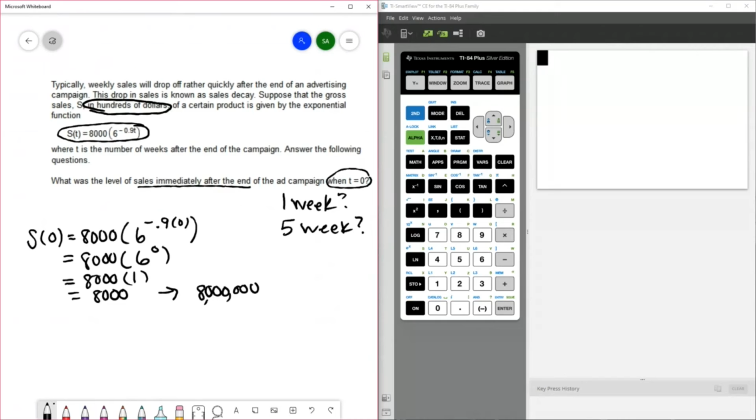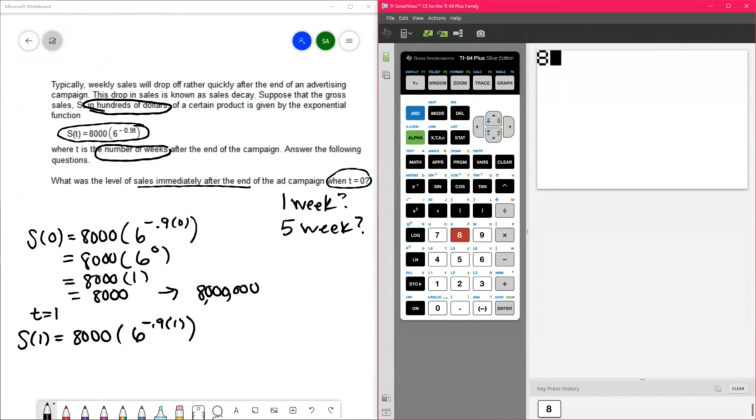And then if we want to find out what the sales were 1 week after the campaign ended, we're going to let t equal 1, since t is the number of weeks after the end of the campaign. So we'll find S of 1 to be 8,000 times 6 to the negative 0.9 times 1. And this one we're going to type in our calculator because it would be a little difficult otherwise.